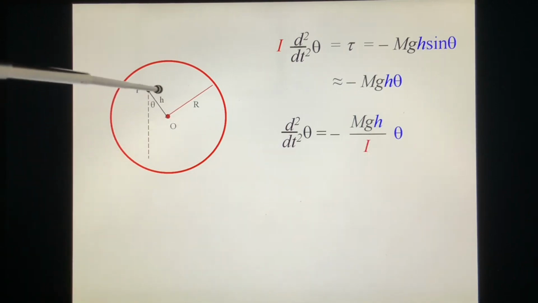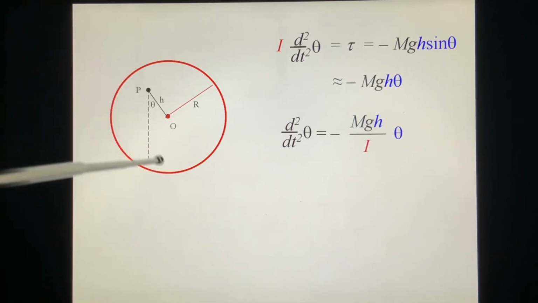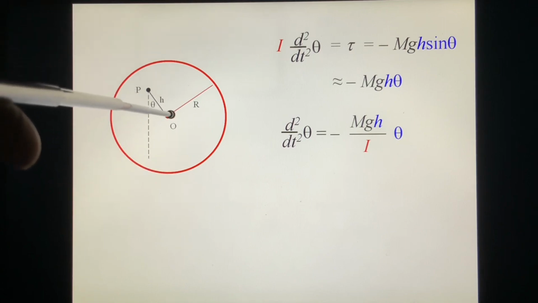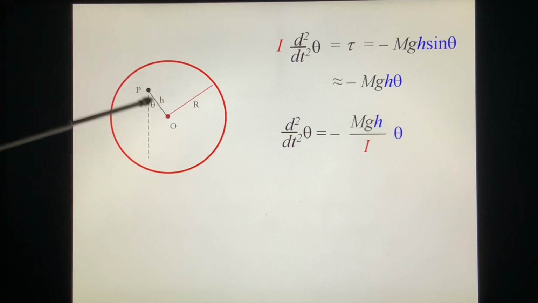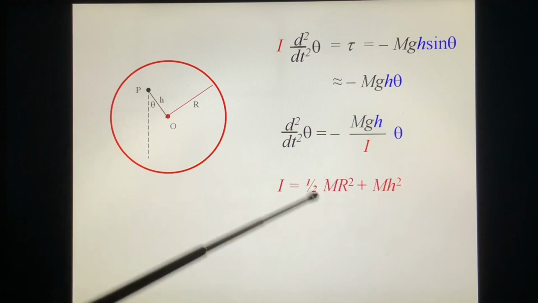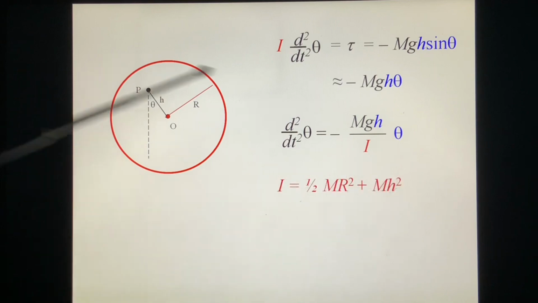The I around P of this disk is given by the parallel axis theorem. The I center of mass we can check. Plus, you put all the mass of the disk at this P. This is mh squared. So we get I equal to I center plus mh squared.